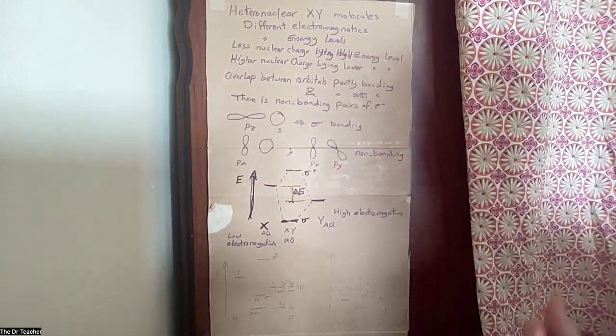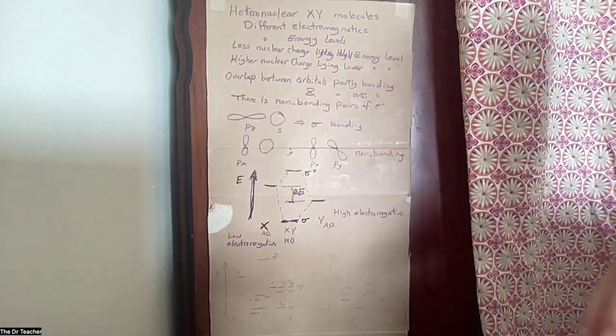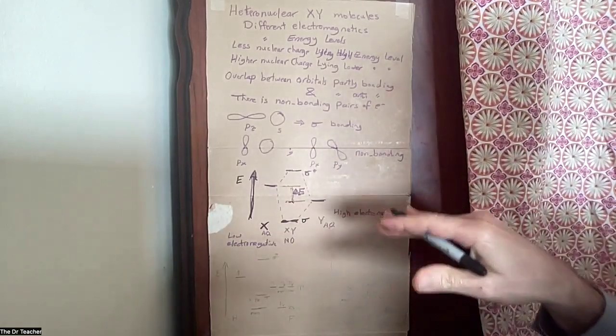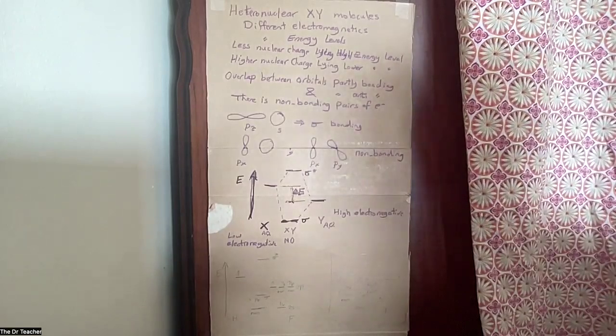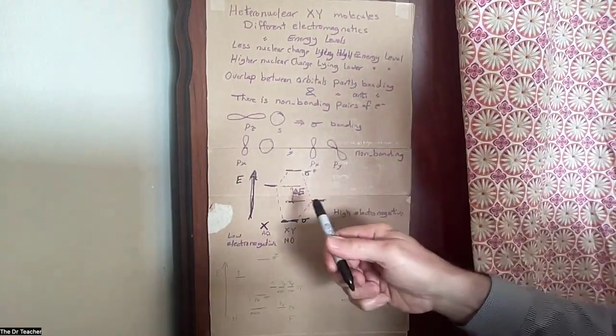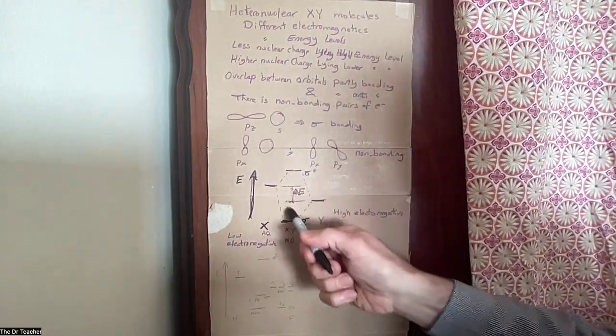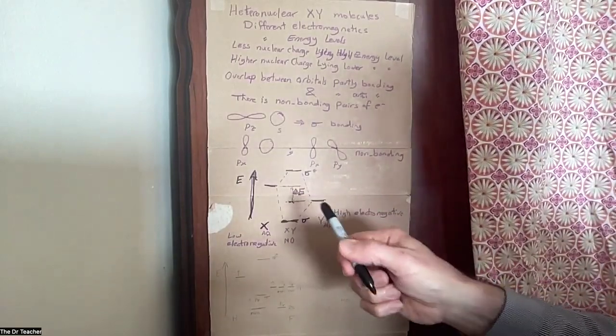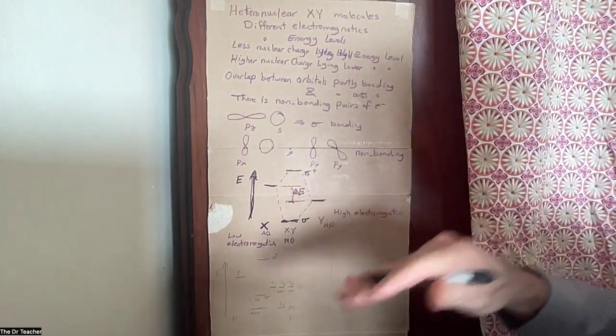Now we can find as well, if they have just s and s, or let's say with the p orbitals, the p orbitals will be in the middle. It's not like 2 by 2.